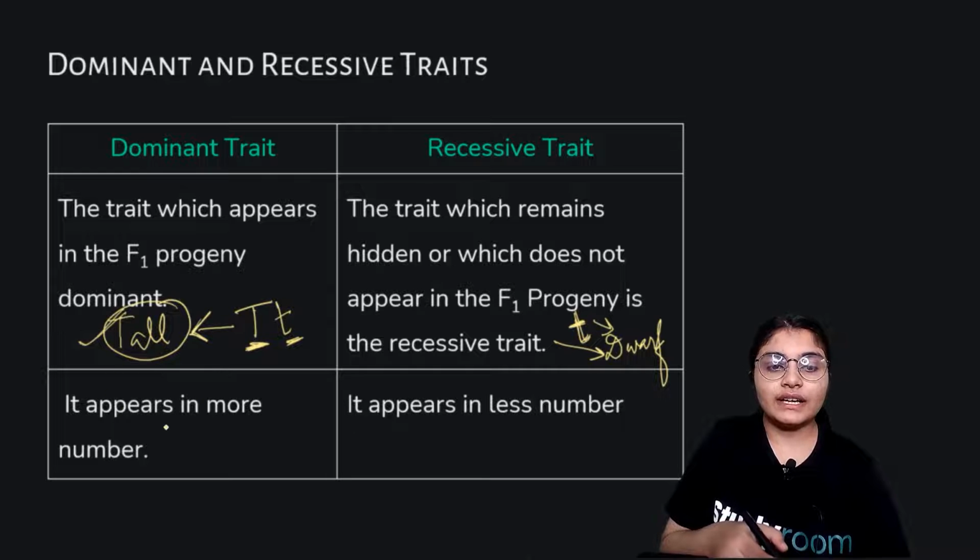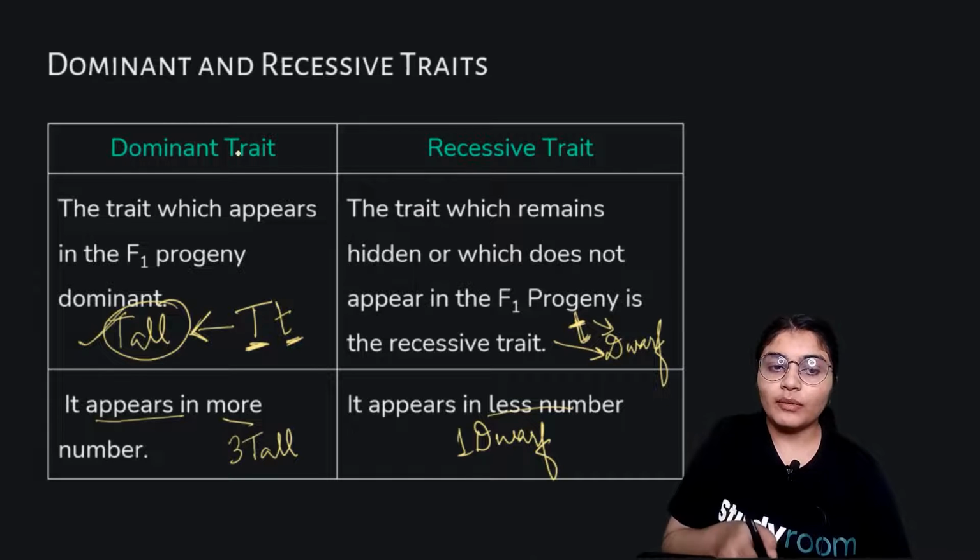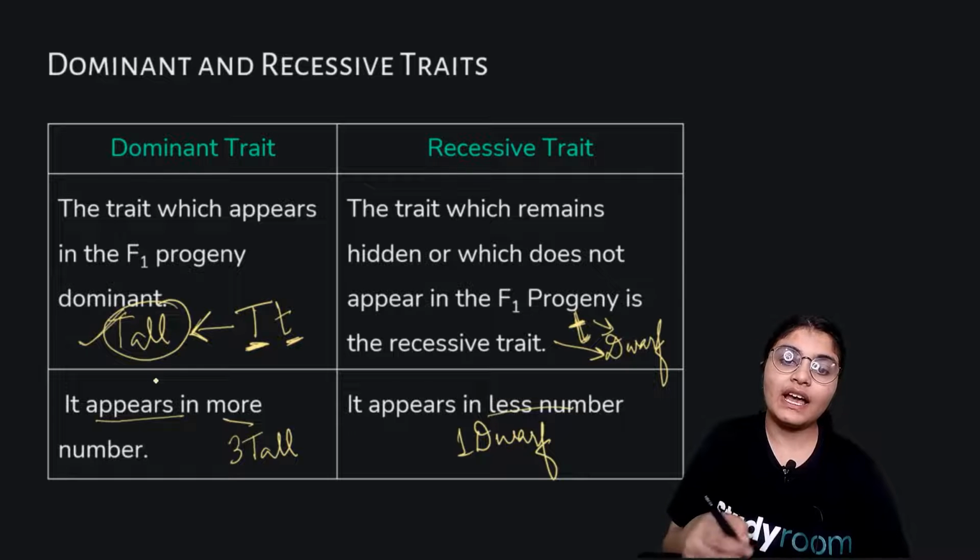Now the dominant trait appears in more number, as we saw in the F2 progeny that there were 3 tall and 1 dwarf. So the 3 tall appears in more number, and the 1 dwarf appears in less number. The dominant trait was tallness in the monohybrid cross, and the recessive trait was dwarfness.